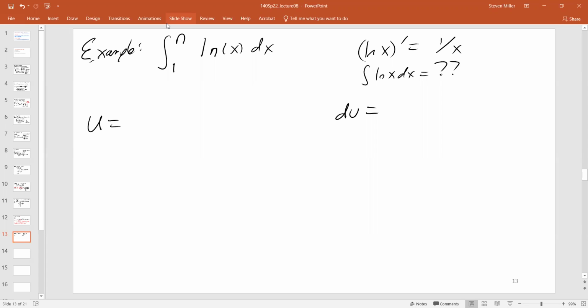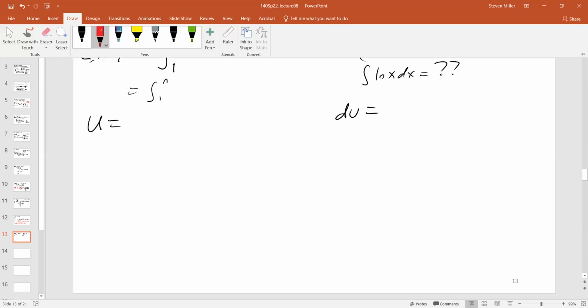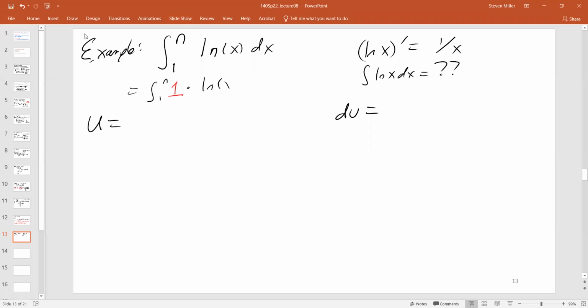One. Really what we have is the integral from 1 to n of 1 times the natural log of x dx. So we have to decide, where do we want to put u, where do we want to put dv? Well, given that we do not know what function has derivative natural log of x, where should we put natural log of x?